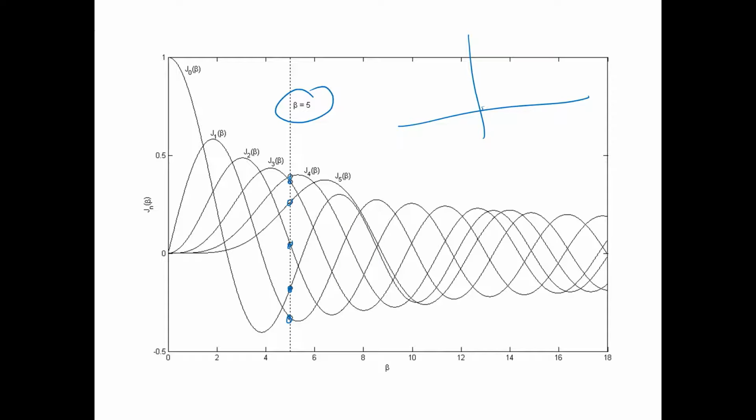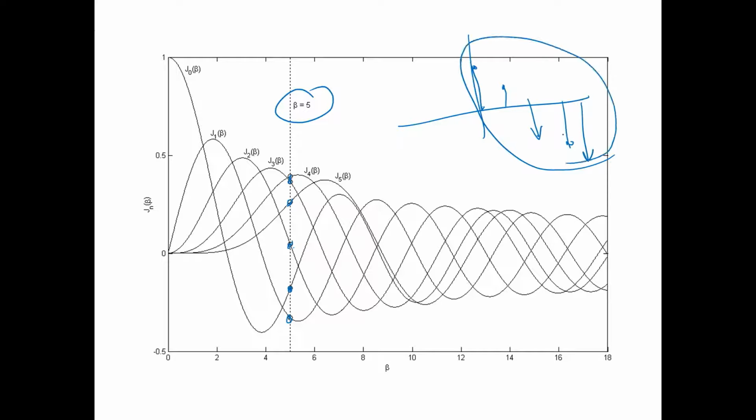Those 5 impulse components' magnitudes will now be given by these values. You can see that these values are changing from positive to negative. For example, one component could be this one, the other component could be a lower value, the third component could be a negative value, the fourth component a more negative value, the fifth component a more negative value.